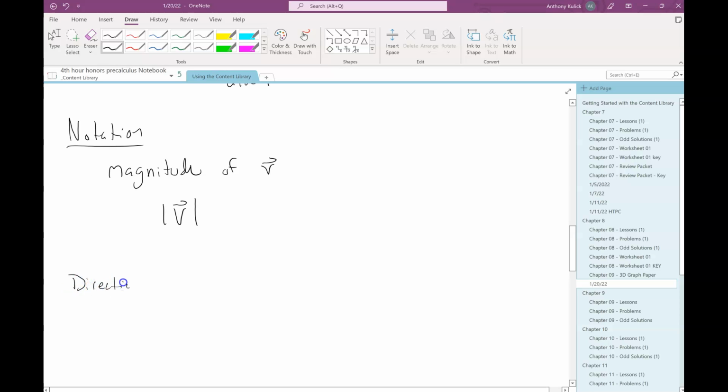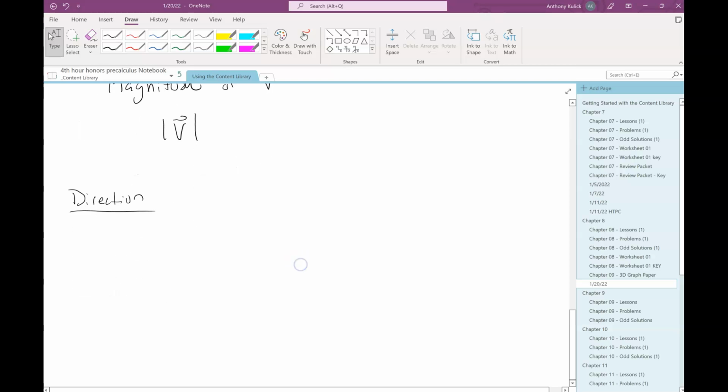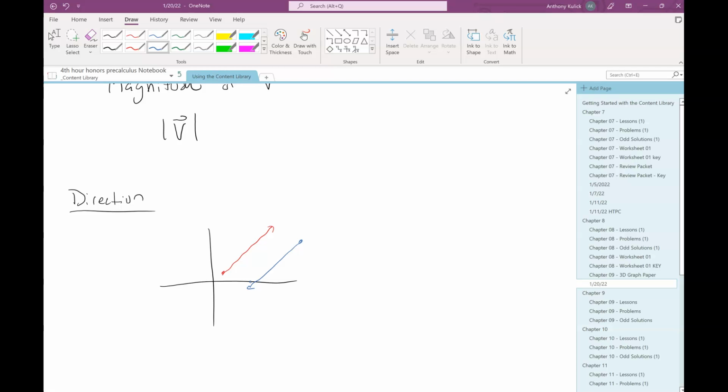Also, keep in mind that when we talk about direction, if I draw this vector and I draw this vector, those vectors have opposite direction, right? They're meant to look parallel.